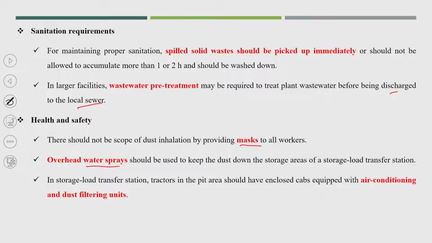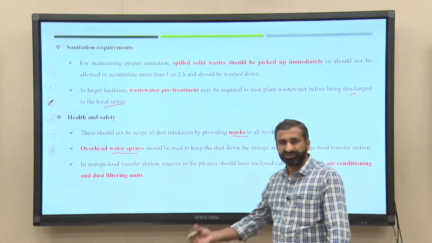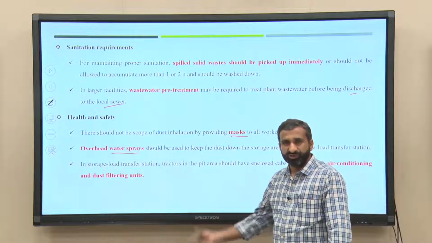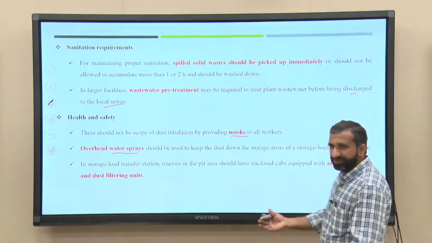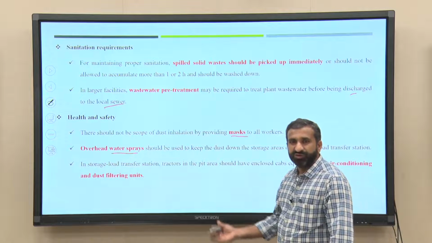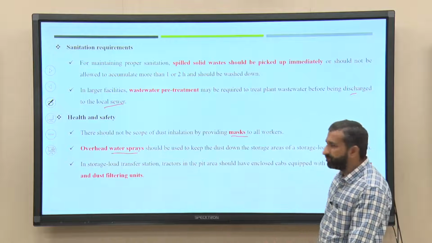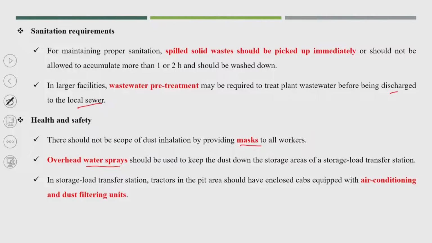I do not think such things are possible in India, but whatever vehicles unload the waste into the storage hopper or storage pit, we need to see that a lot of dust is not produced in this operation.